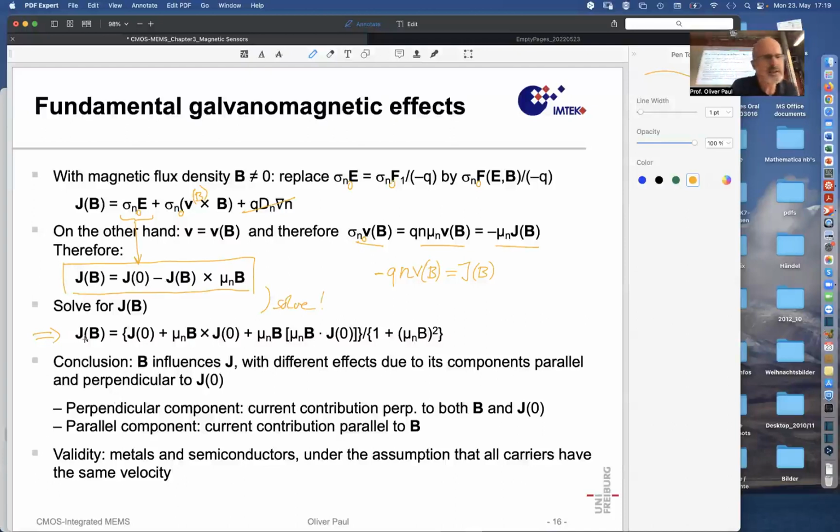And the result is that actually the new J in the presence of B is equal to the old J without B plus something that connects the old J with the B through a cross product. So that's a linear change. And then you have another term that contains B in two positions.